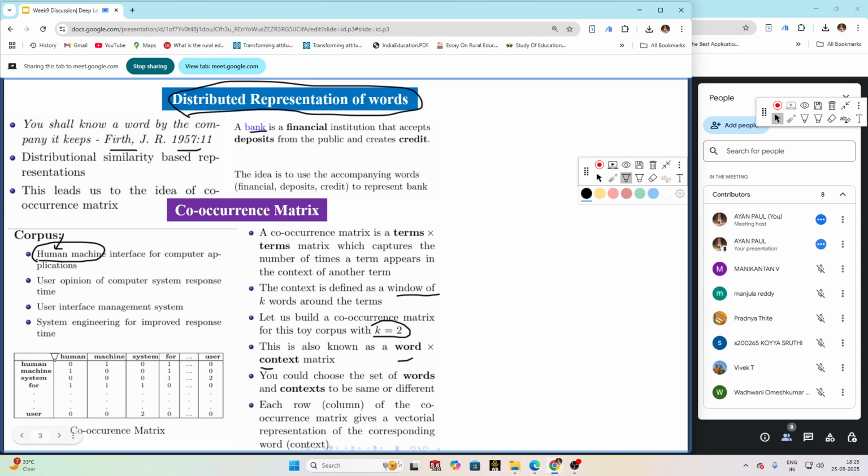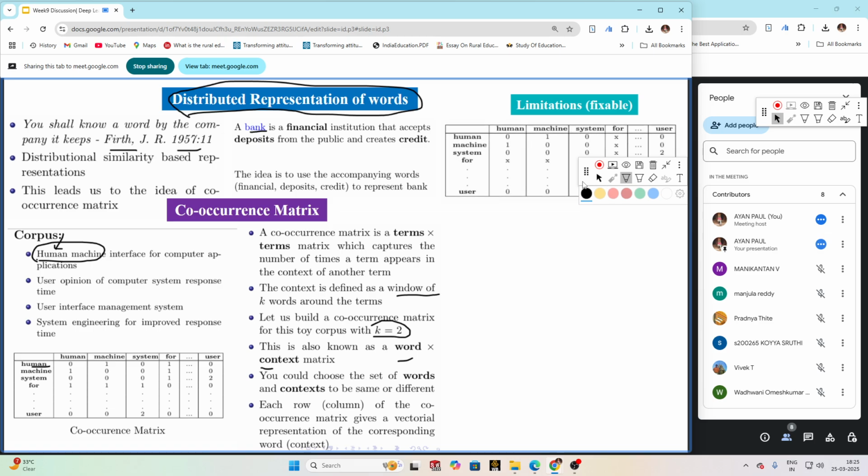And then like human and machine, human is our word and machine is our context. Okay, so in the intersection of the word human and context machine, we will write one. Similarly, we will be making our co-occurrence matrix.